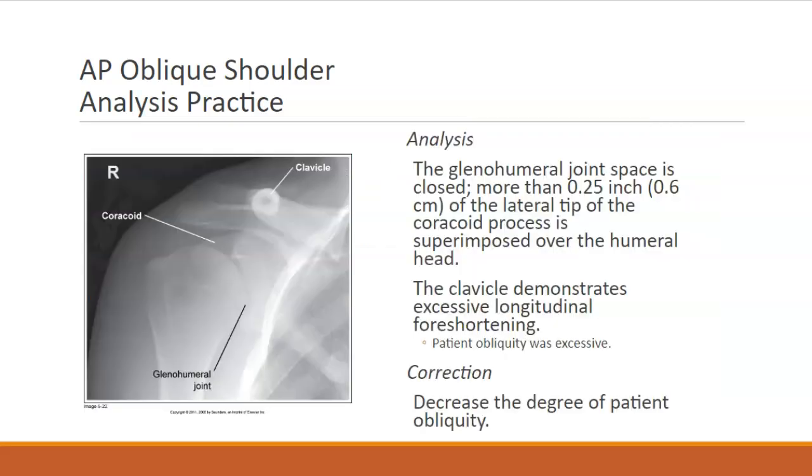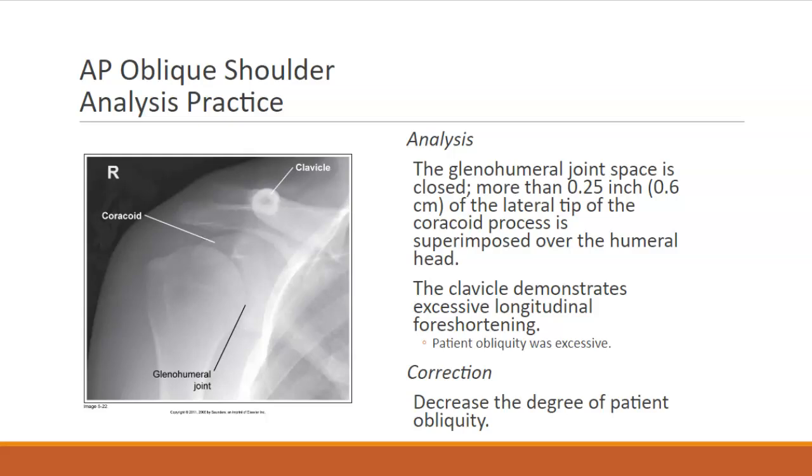In our next image analysis, again, we want to look to see, did we get the appropriate anatomic structures on the projection, and is our glenohumeral joint space open? And unfortunately, we got the anatomy, but the joint space is not open. So the first thing we want to look at is the position of that coracoid process.